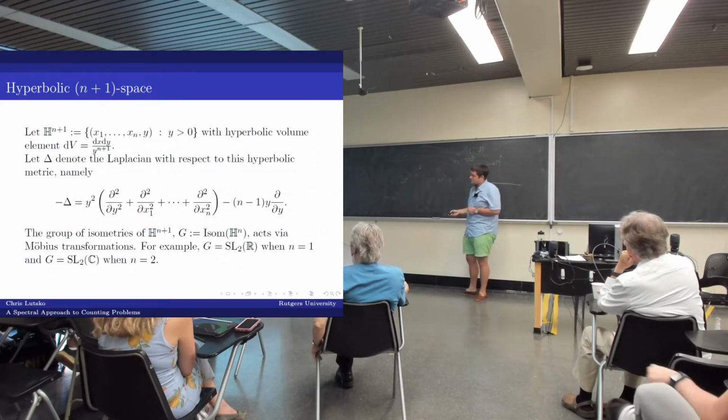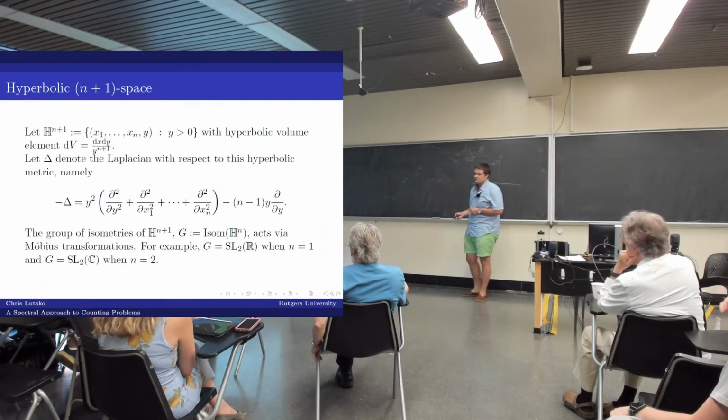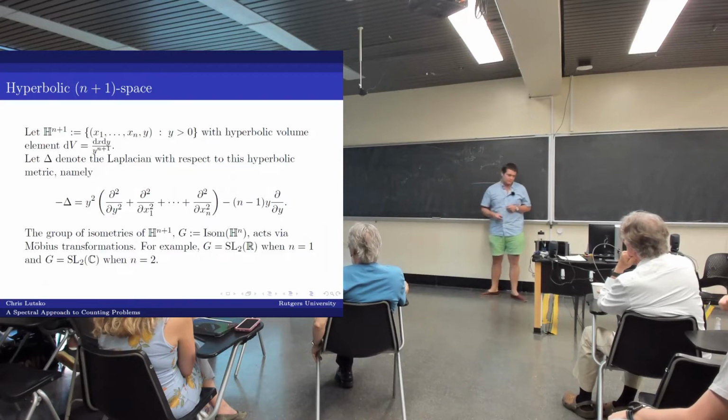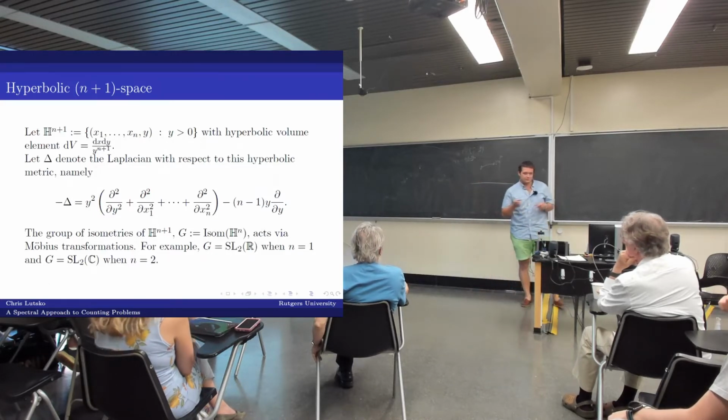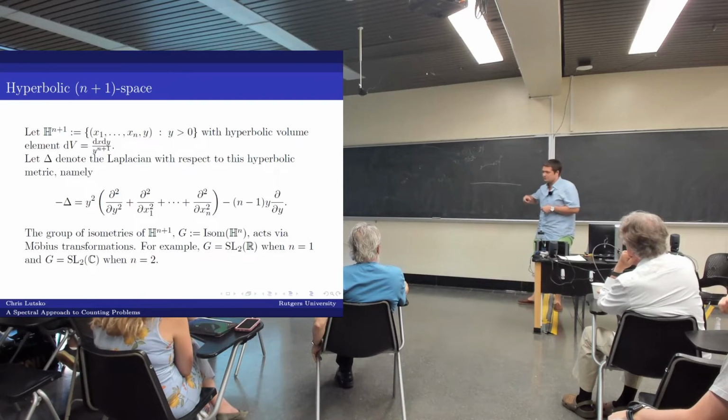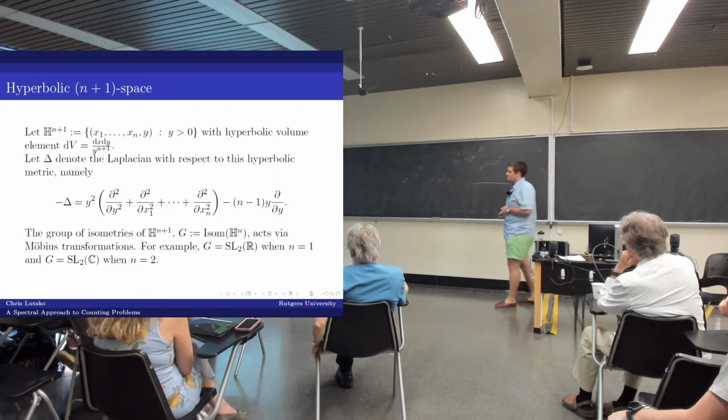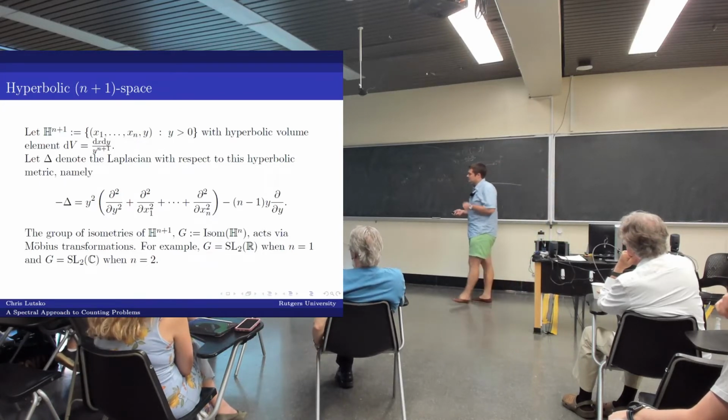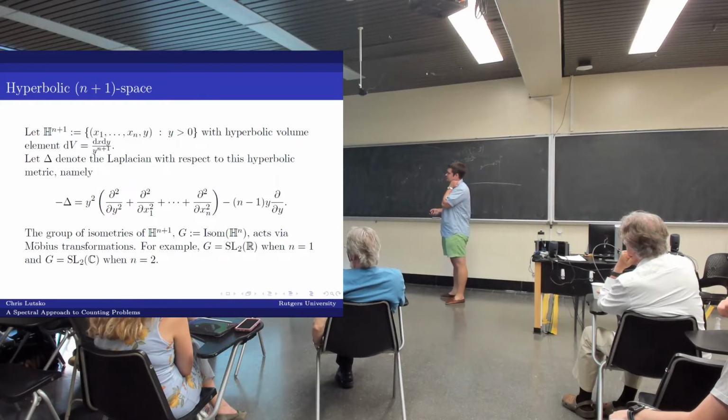If you move up a dimension, then you get SL2(C). If you keep going, then you get some connected component of SO(n+1, 1). But I didn't want to write those out. It's enough to just work in these dimensions.